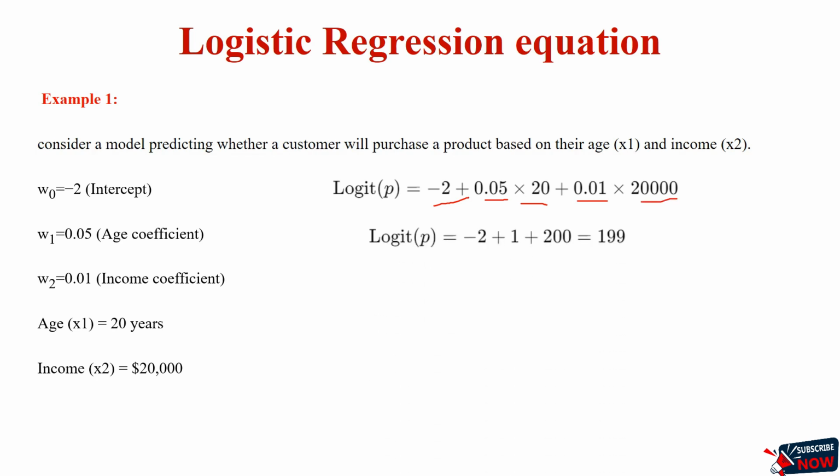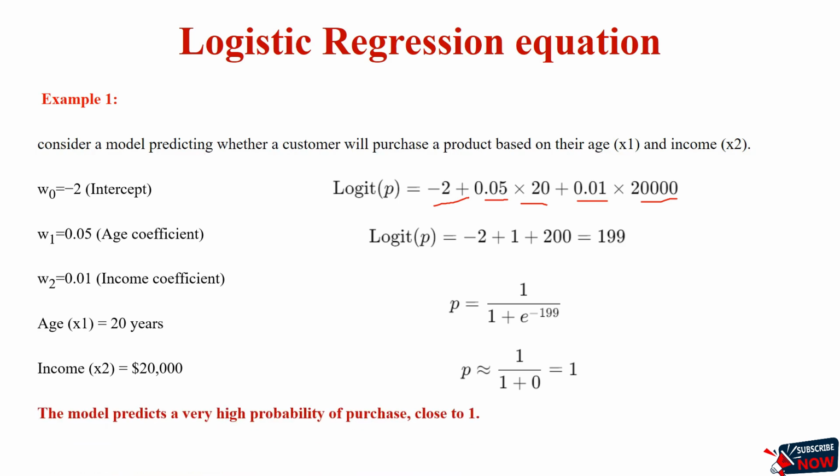The value we get is 199. When this is applied in the sigmoid function, the value is approximately 1, which means the model is predicting a very high probability of purchase, close to 1.